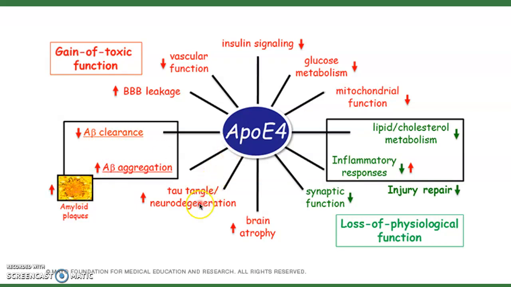You actually get more of those neurofibrillary tangles, the tau tangles that are inside the cell body of the neurons. You get brain atrophy, and with those amyloid plaques, you're going to have decreased synaptic function. The neurons aren't going to be able to communicate at the synapses as effectively.